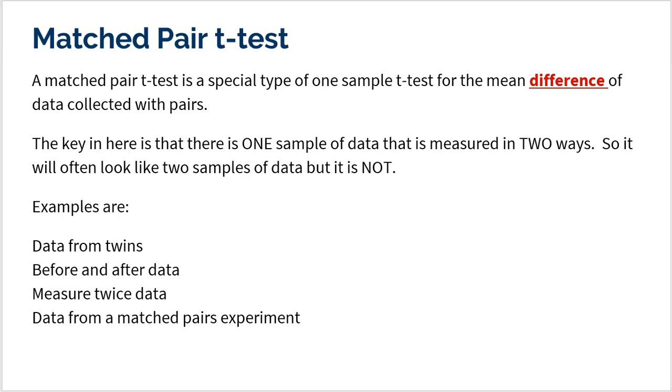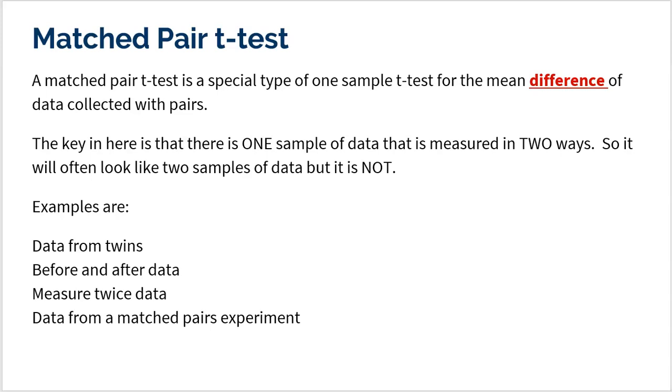An example in the past I've seen with this was that they actually had meat that they were testing for E. coli, and they were testing each chunk of meat with two different methods, and they wanted to see if there was a difference between the two methods. So there were two methods, but there's only one sample of meat, and every single sample got tested each way. So we had two sets of data, but they came from the two different ways of measuring.